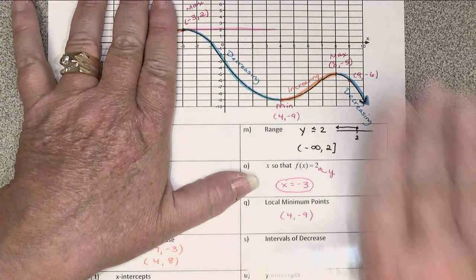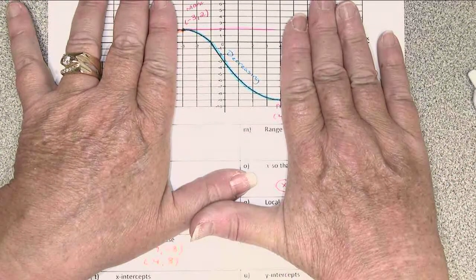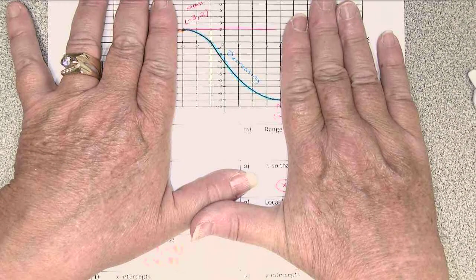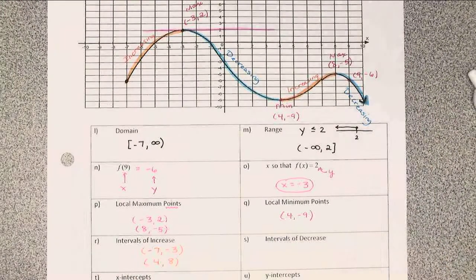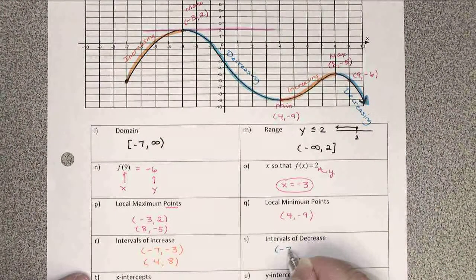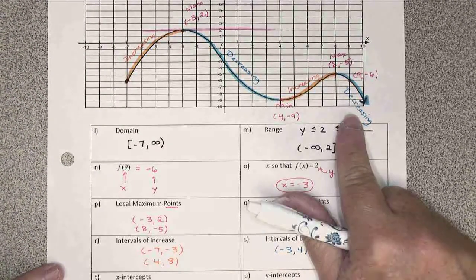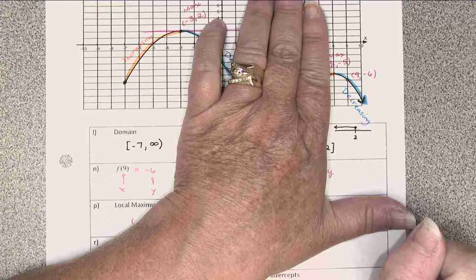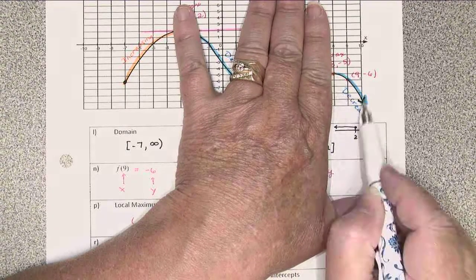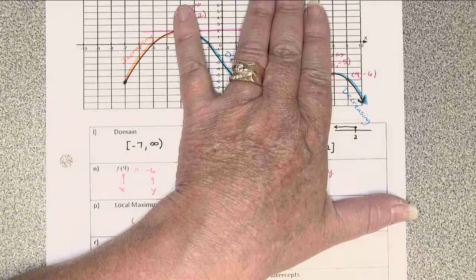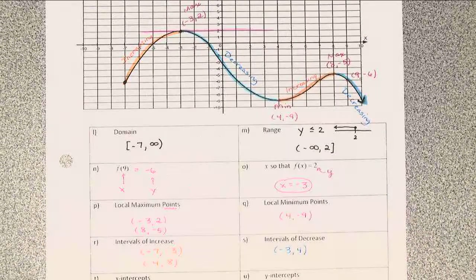So from here to here would correspond to the x values between negative 3 and positive 4. Over here, it starts to decrease again when x is 8. And then it's going to continue to decrease forever after that. So from 8 to infinity.